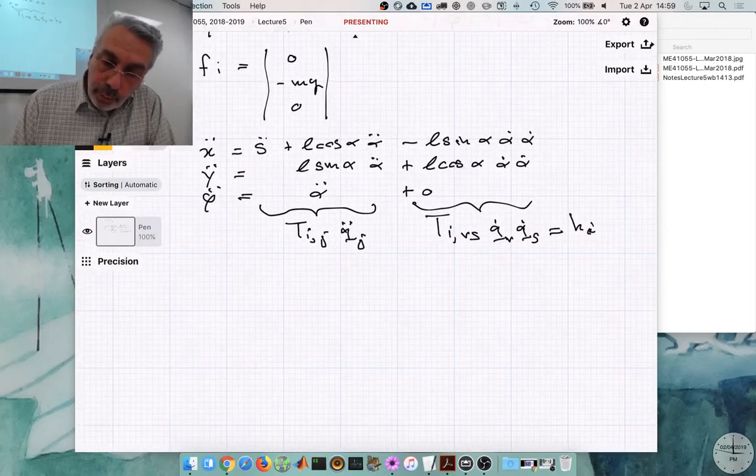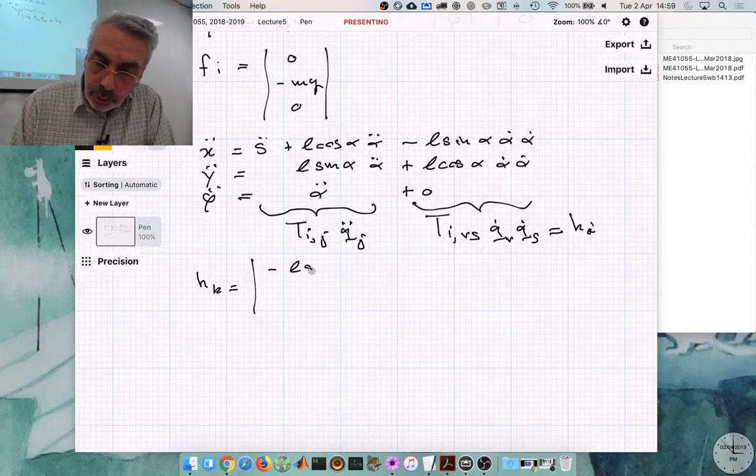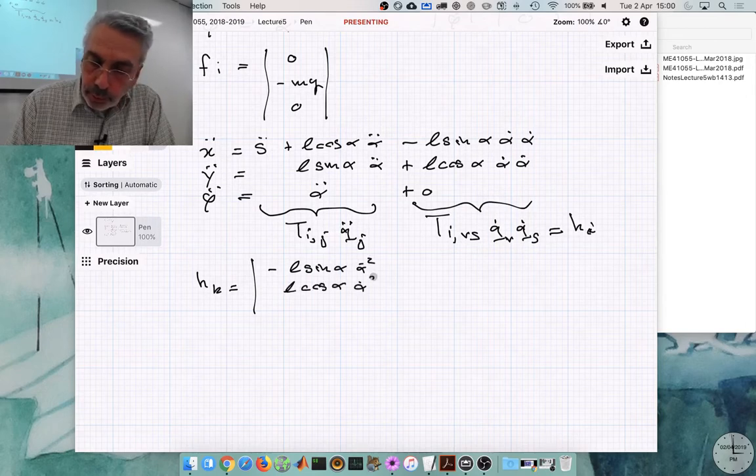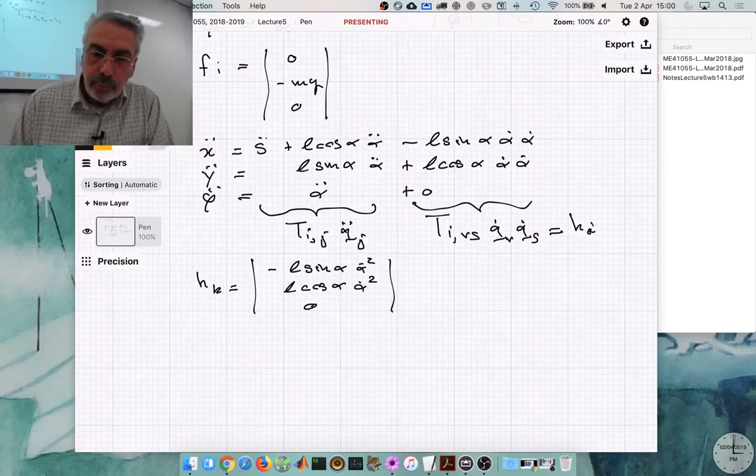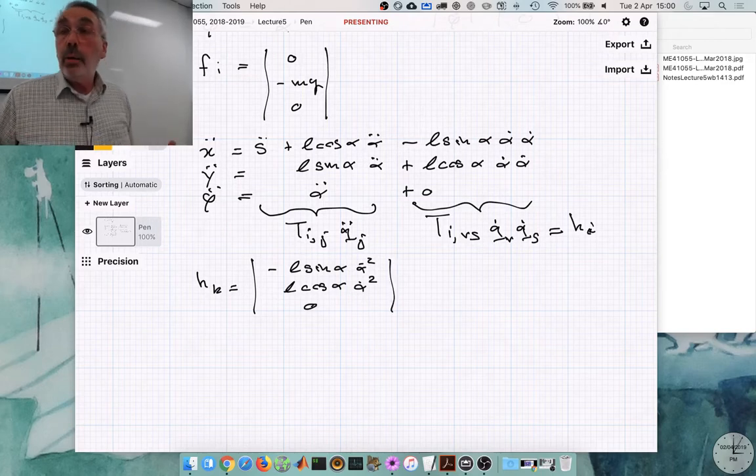So combining that, my h is apparently three units. It's the minus L sine alpha, alpha dot squared. It's the plus L cosine alpha, alpha dot squared, and it's a 0. And now I'm in business.